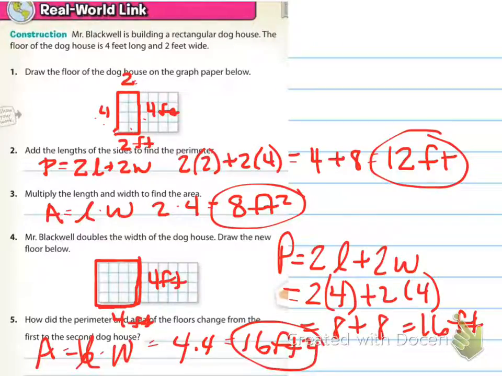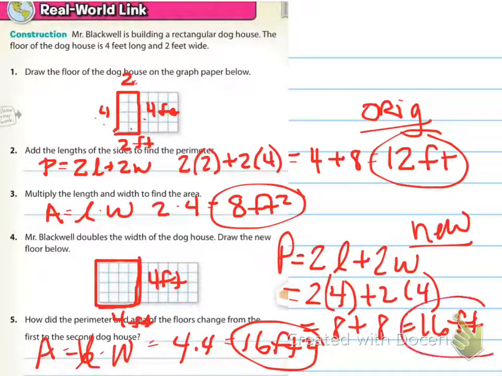Now look at the differences between the original doghouse floor, which we'll call our original, and the new. As far as the perimeter goes, the length around the doghouse, it only increased by 4 feet, whereas the area of the doghouse increased by 8 square feet.